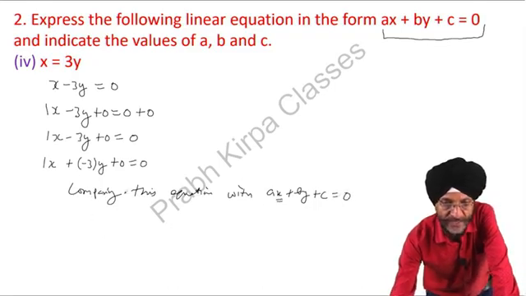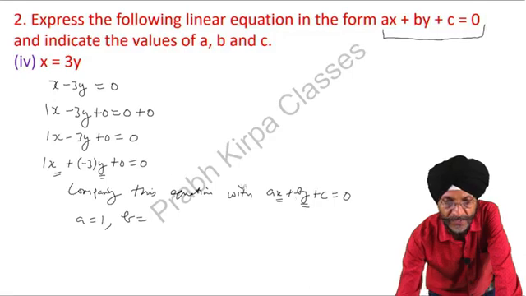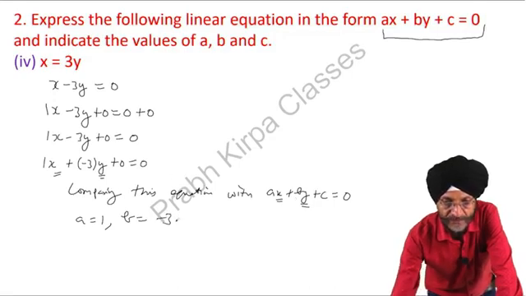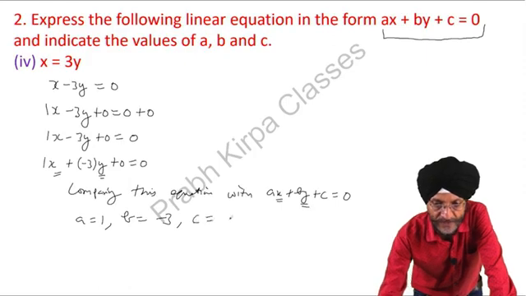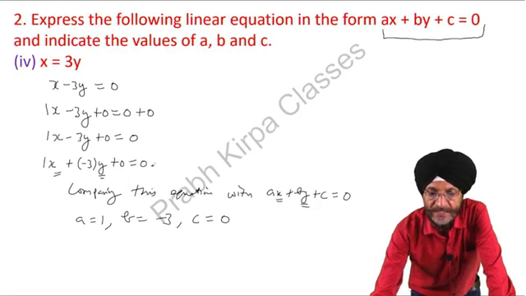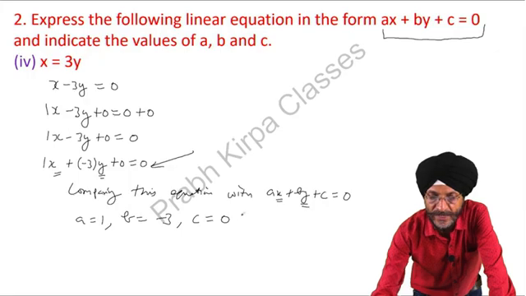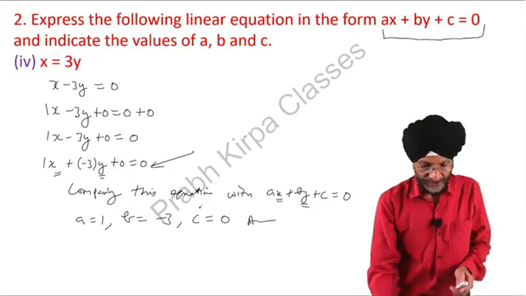Now, what is x? x is x here. So, a is 1. What is b? y is here. What is the coefficient b? B is minus 3. So, now what is c? C is 0. So, now we have formed the equation as desired, linear equation, and we have also found out the values of a, b and c.